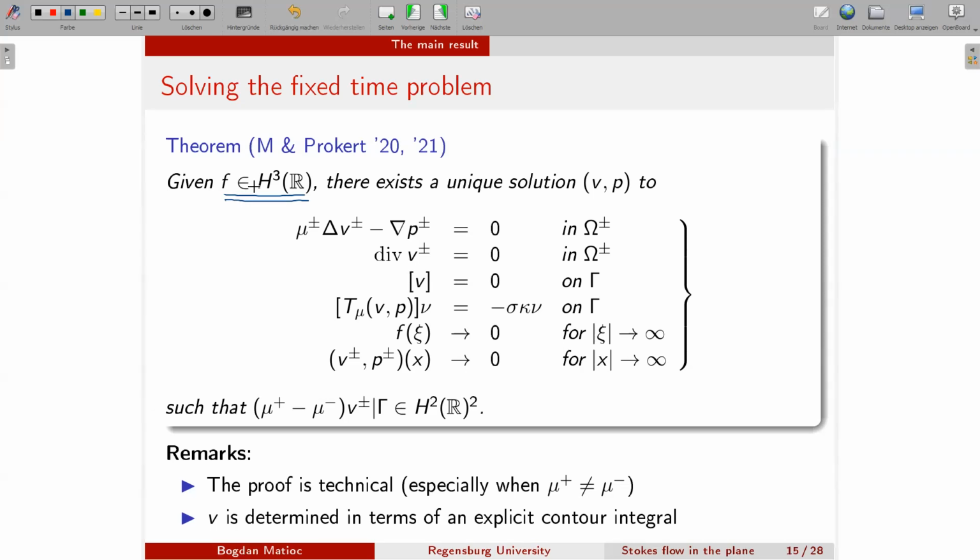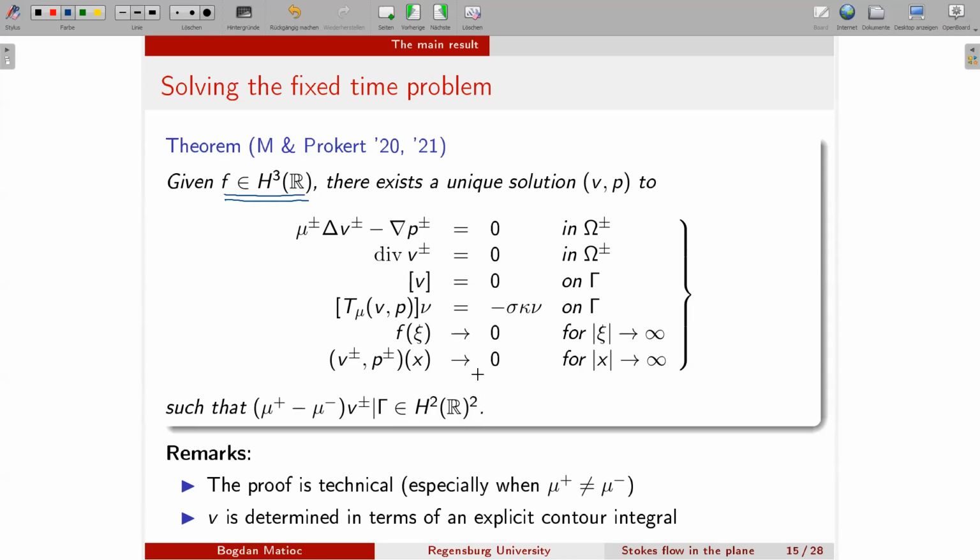And then the theorem says that the boundary value problem for the Stokes equation has a unique solution, (v, p), such that mu plus minus mu minus multiplied with the trace of the velocity on gamma is an H2 function.